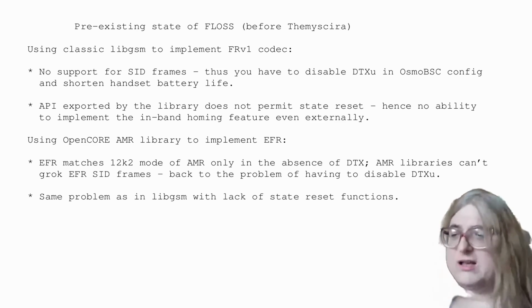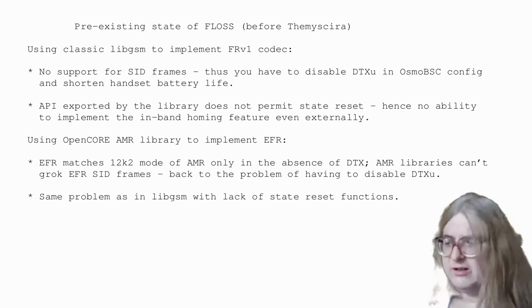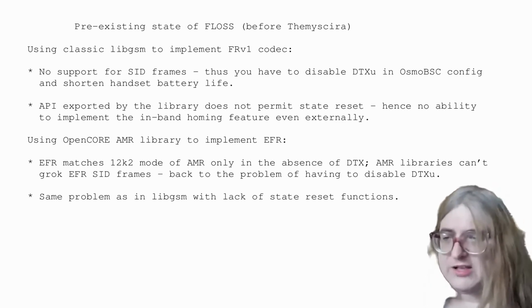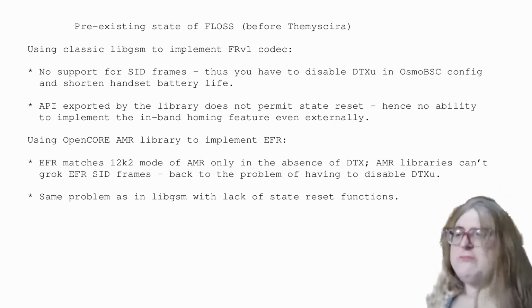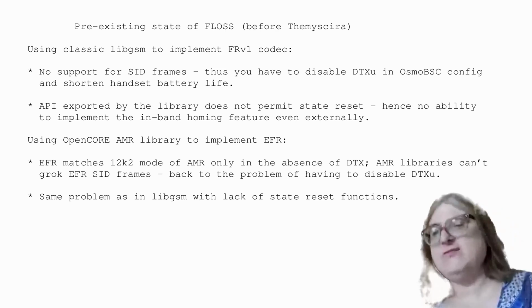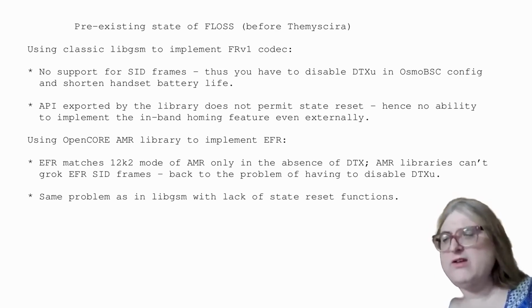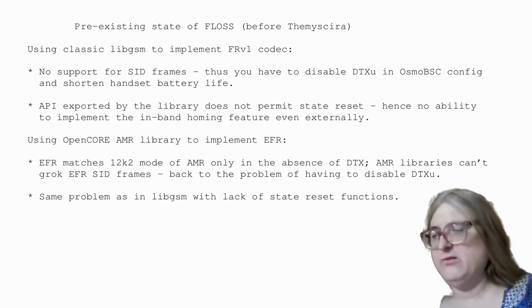Then another problem with the classic libgsm, which goes back to the 90s, is that the API exported by the library does not provide a state reset function. Of course the transcoder is stateful. Every complex codec is a stateful entity.